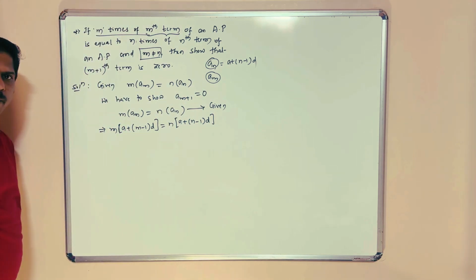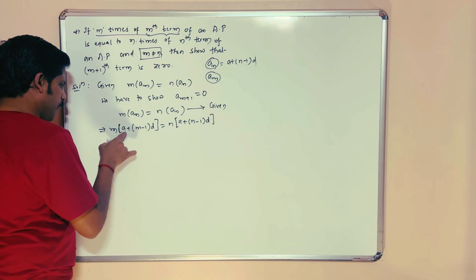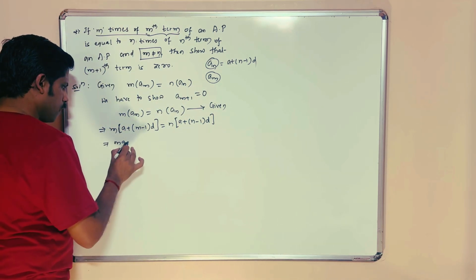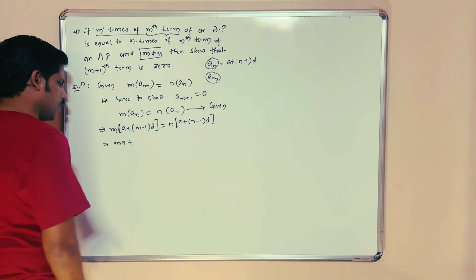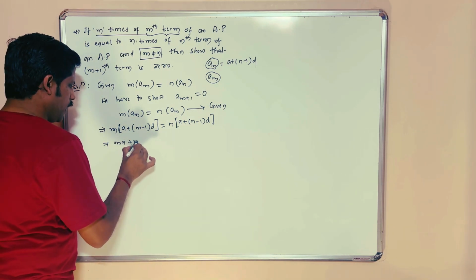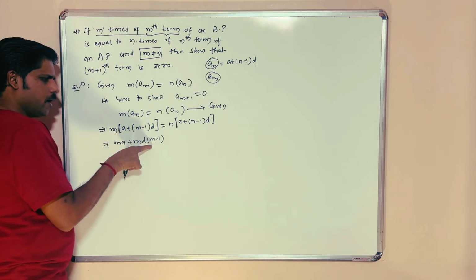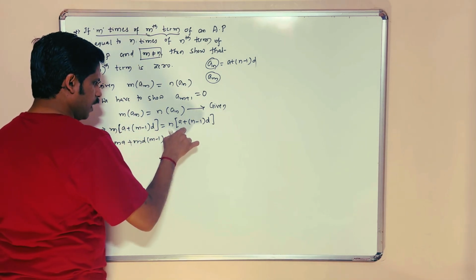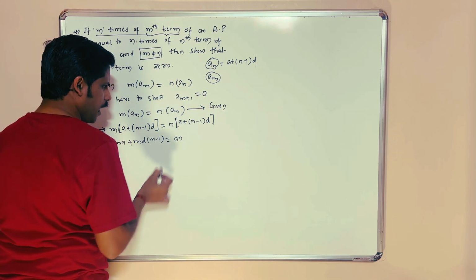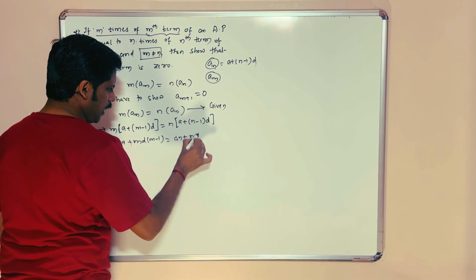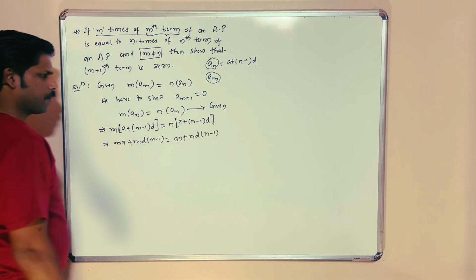Now remove the bracket. We get m into a is ma, or am, choice is yours. Then m into d into m minus 1. Similarly, RHS also: an plus nd into n minus 1.